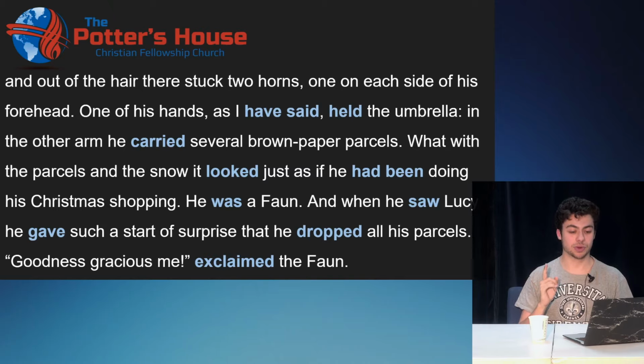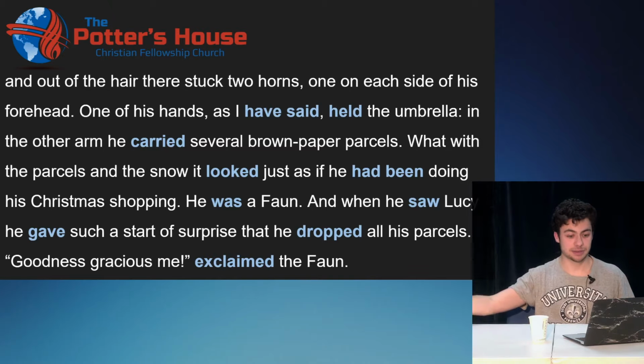Now, I do actually want to make a quick note here about the difference between present perfect and past perfect, because this is a good example. And I do recall that there were a few other uses of the present perfect earlier in this chapter, but regardless, let's focus in on this one. One of his hands, as I have said, right?